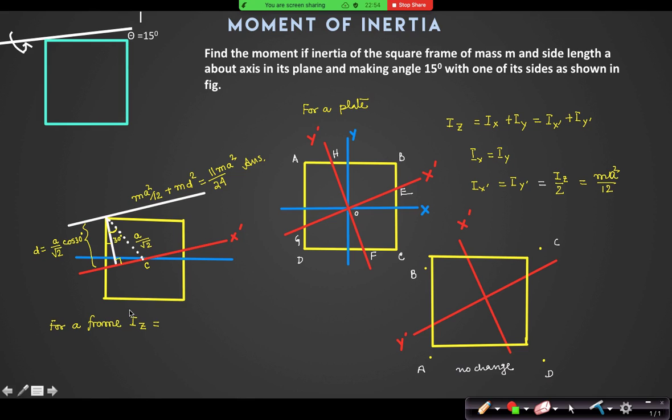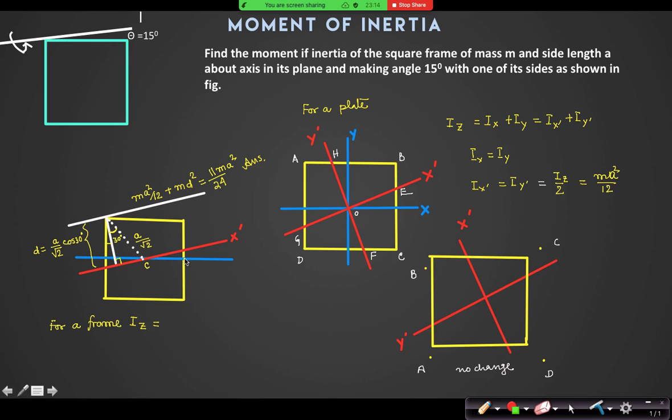Can anyone tell me what is Iz for a frame? Say ms square by 4, no? Sir, ms square by 3. Okay, each of the rod has mass m by 4.